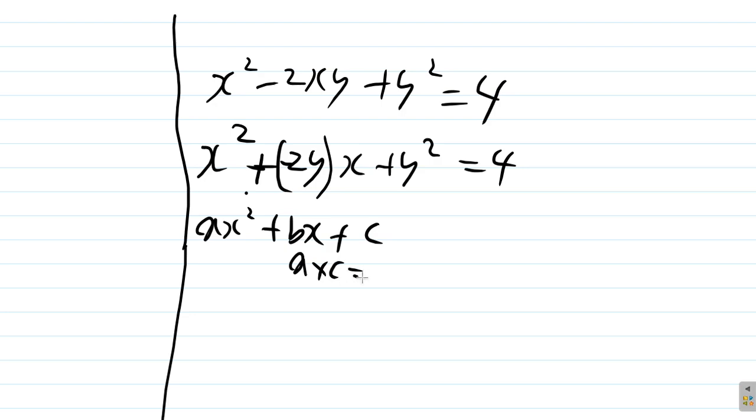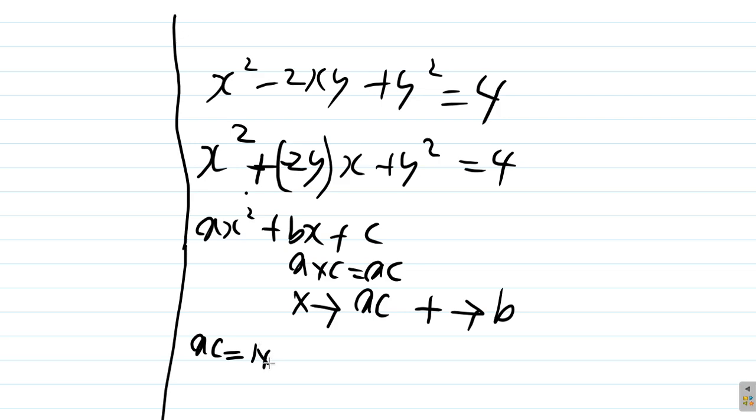A times c is equal to ac. And we find two numbers that multiply to give ac and add to give b. In this case, our ac would be 1 times y squared, equal to y squared. You see that? And our b is equal to negative 2y.